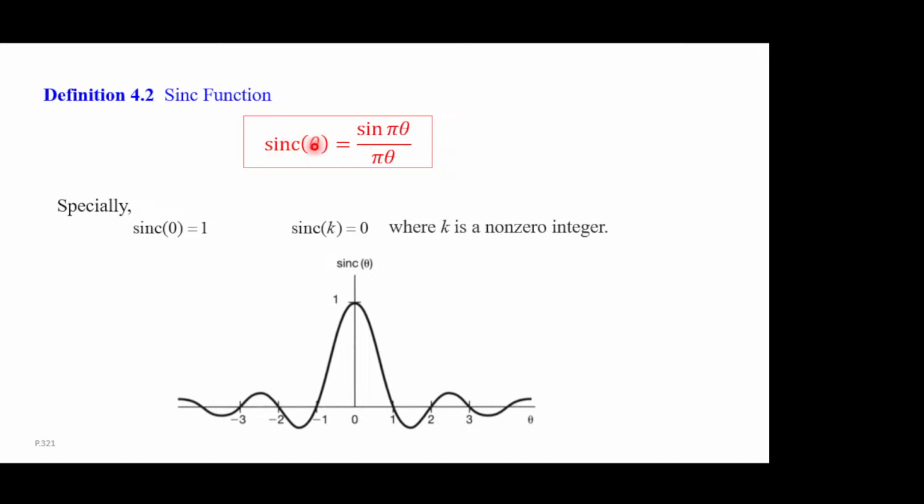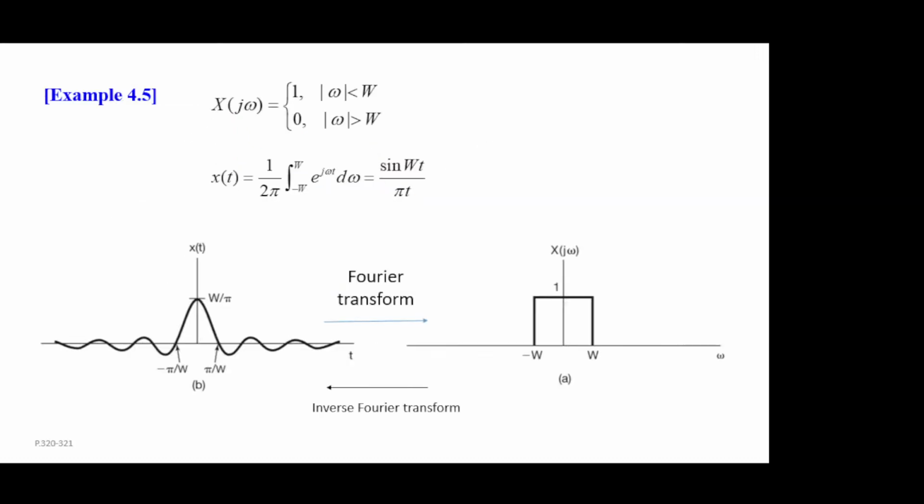We define sinc theta as sine pi theta over pi theta. So there is a normalization here, with a pi before theta and a pi before theta. So if you have a different function, you need to change things around, right? Like you have pi t here, but you have W t here.